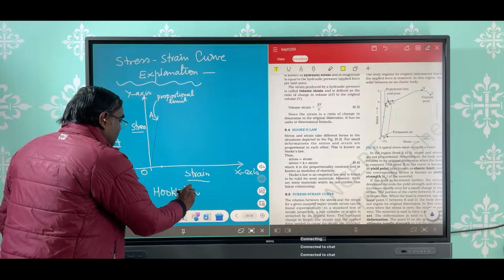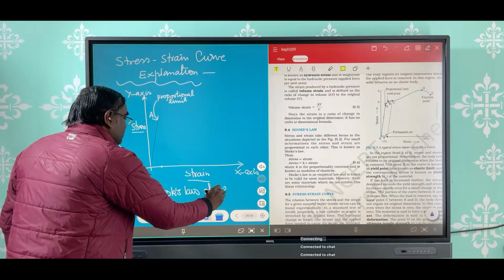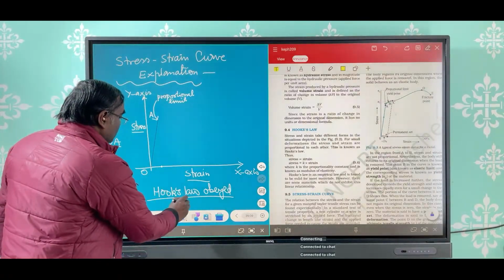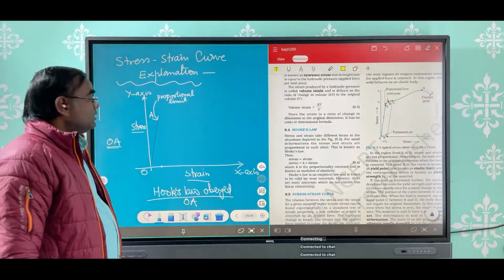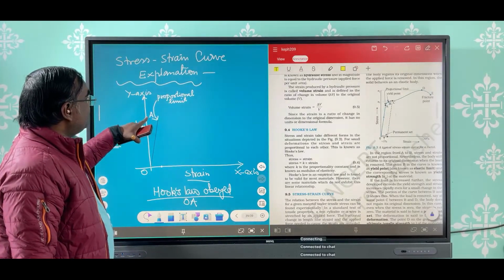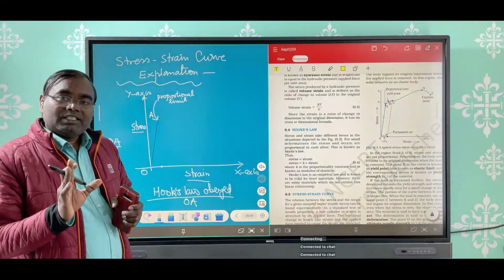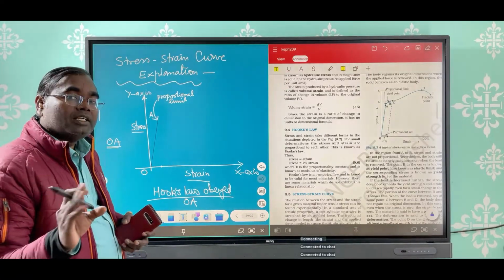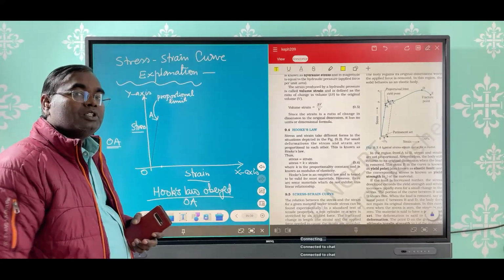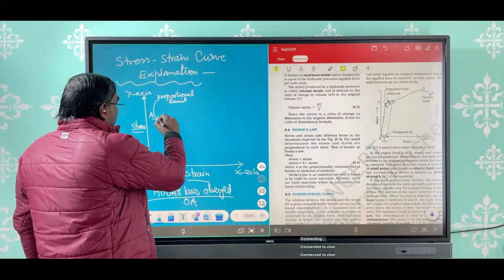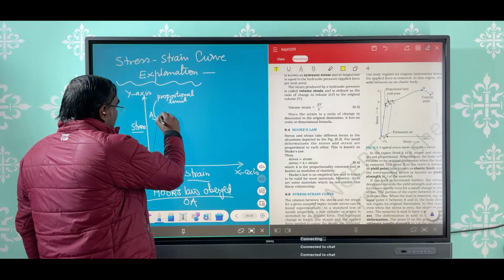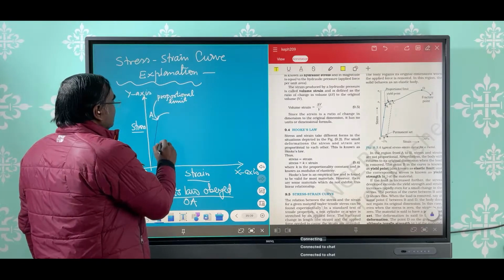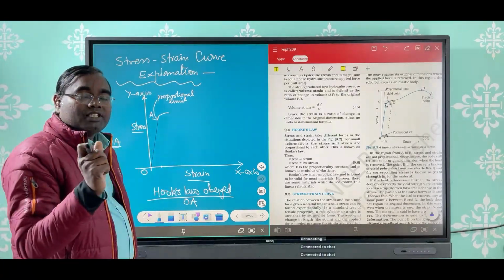Hooke's law is obeyed up to A. That's why the end point A is called the proportional limit. After this, there is no proportionality. Non-linearity comes into play. See, the graph becomes like this, it takes a curve shape.